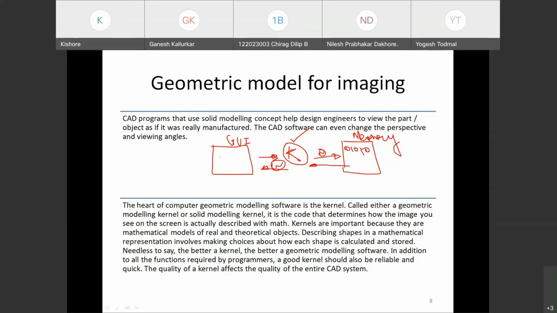Probably you must have sometimes seen this bug as well, that you saved the information in a certain way, but when you retrieve it, you see some modification changes. That is because probably your kernel is not efficient or optimal. That is why the kernel plays a very important role in modeling. So remember, what is the job of the kernel? They are mathematical models of real and theoretical objects. They describe a solid in mathematical format, and then they store it and retrieve it from the memory.